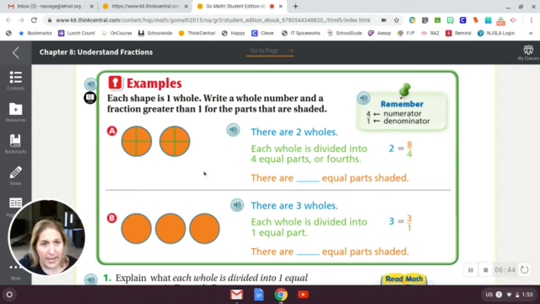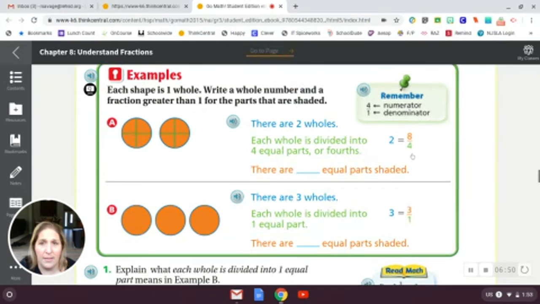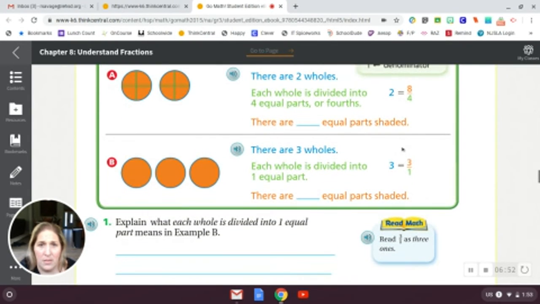So here we counted them up, 8/4 equal parts are shaded. Okay, fraction bigger than 1. Here there are 3 wholes. Each basketball is divided into how many parts? Well, you might look at that and say, it's not divided at all, Mrs. Savage. It's divided into 1 part, okay? 1 part.